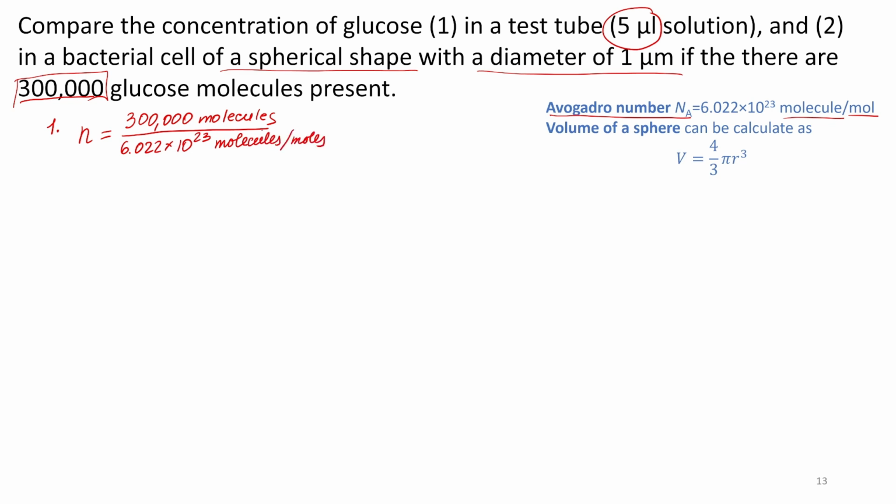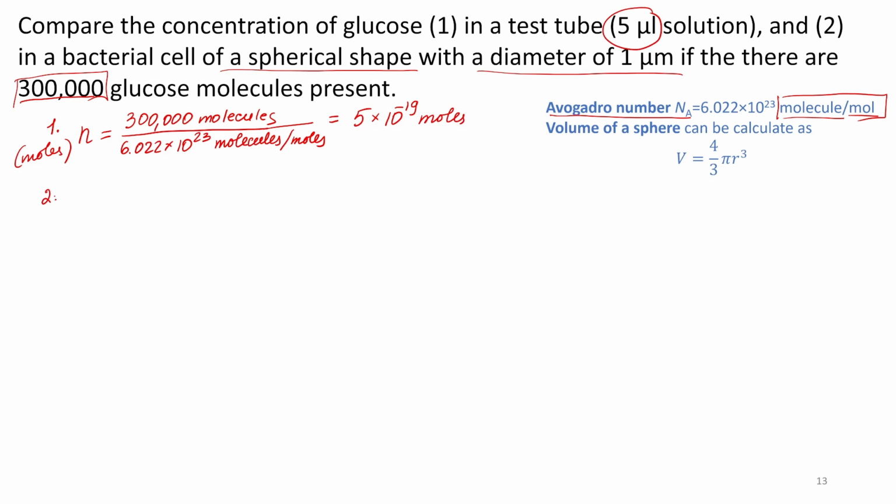And you know that you need to divide just by looking at the units of this constant, and since you need to have moles as an answer, the only position where you can put that Avogadro number is in the denominator. So that would be roughly 5 by 10 to the negative 19 moles. So that's our first step.